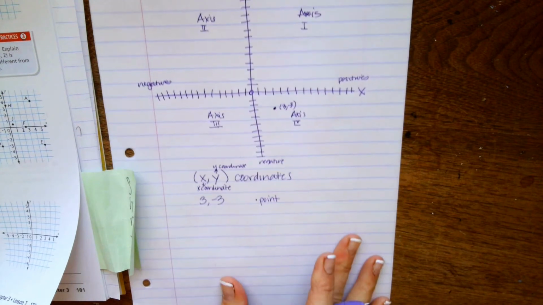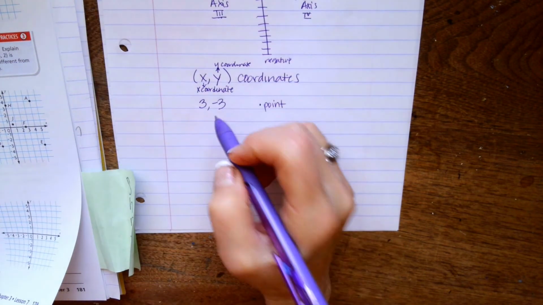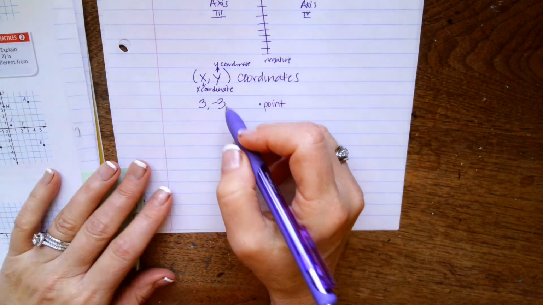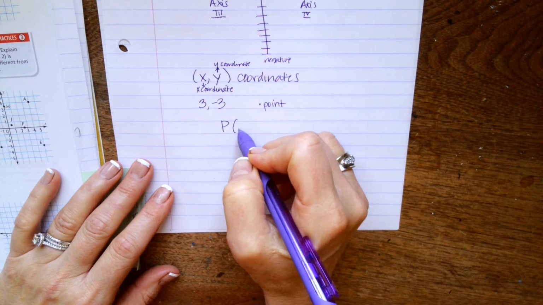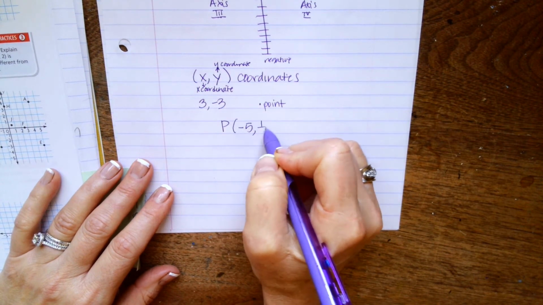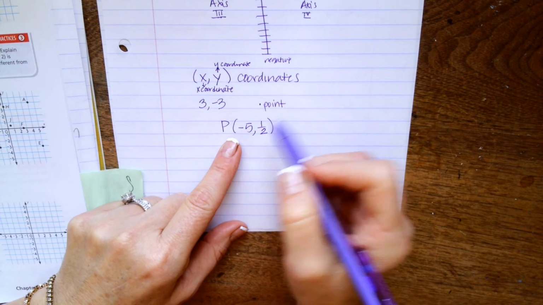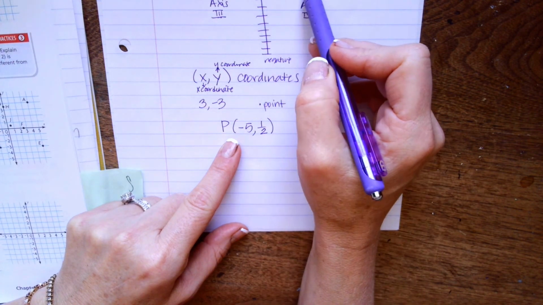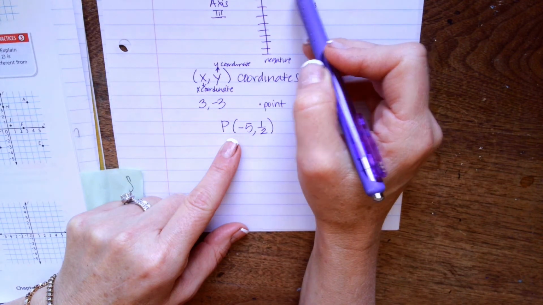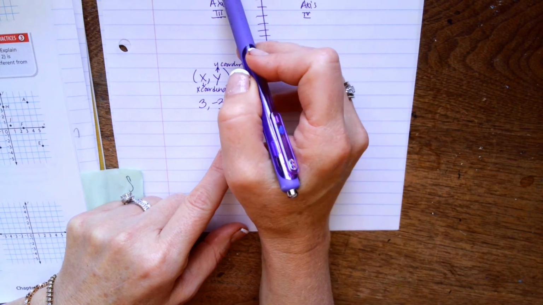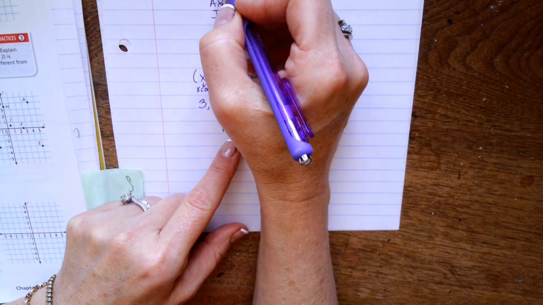And then sometimes they're going to give you a letter that goes with it. So it's going to look something like this. P, negative 5, and 1/2. So when you're writing this, you're going to go to negative 5, and then you're going to go to 1/2. So it's going to be right about here.